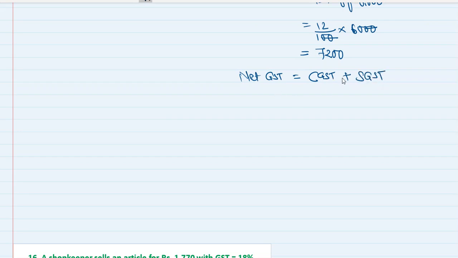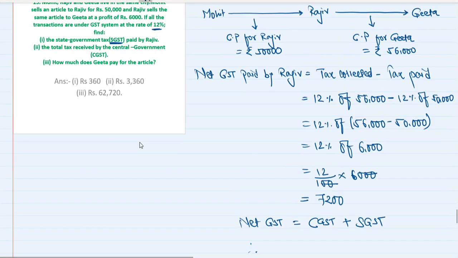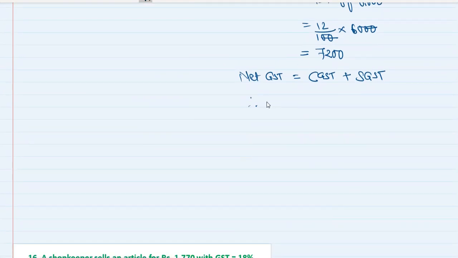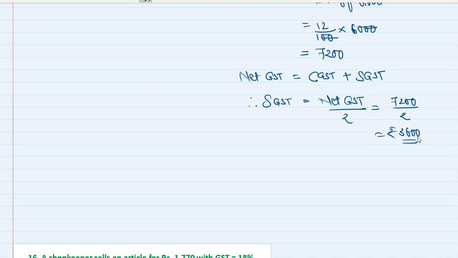And CGST and SGST are always equal. Therefore, what we have to find? SGST, right? Therefore, SGST is equal to net GST upon 2, that is 7,200 upon 2, that is 3,600. Am I correct?